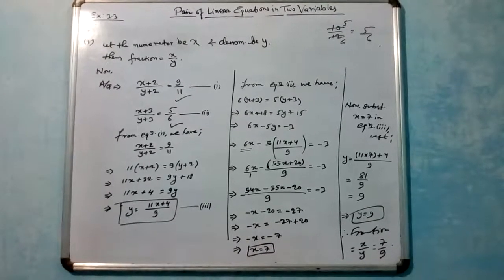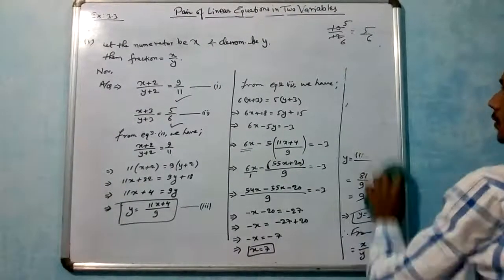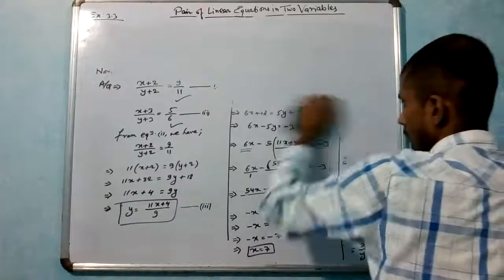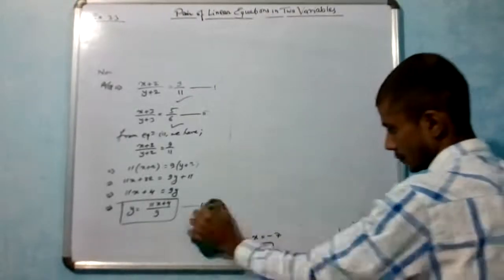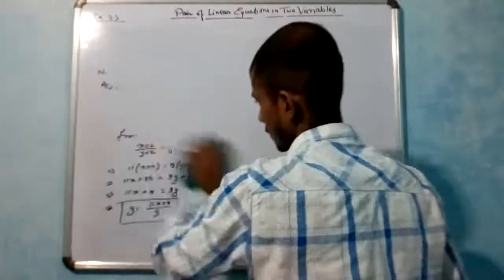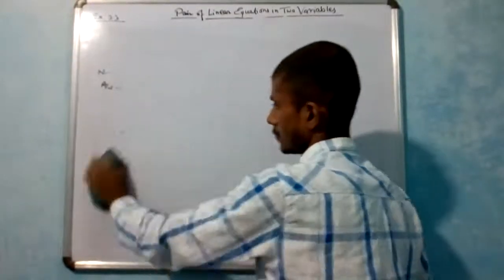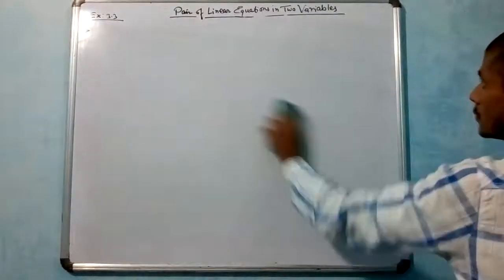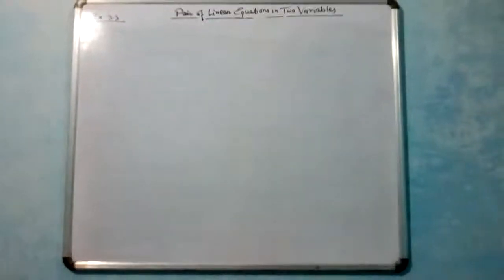What about the next question? Read. 5 years hence. Go silently. 5 years hence, the age of Jacob will be 3 times that of his son.